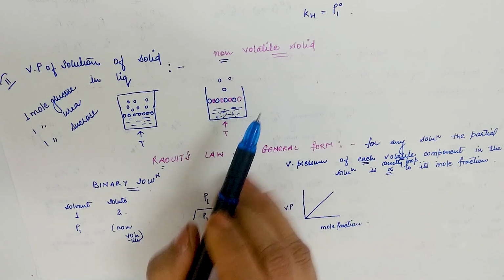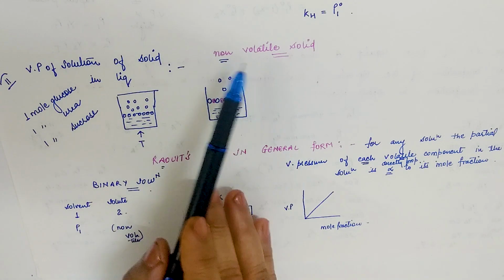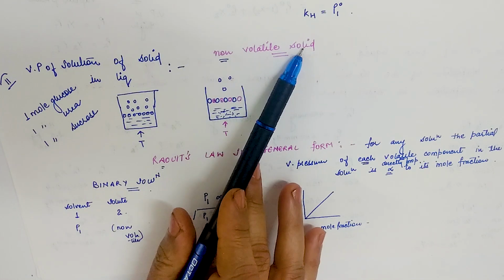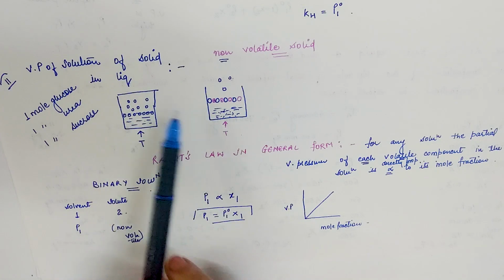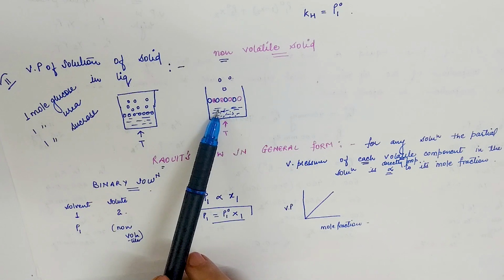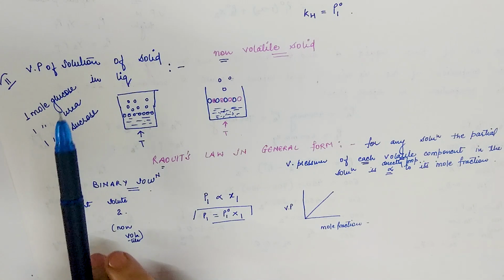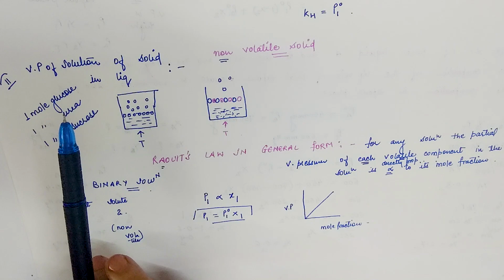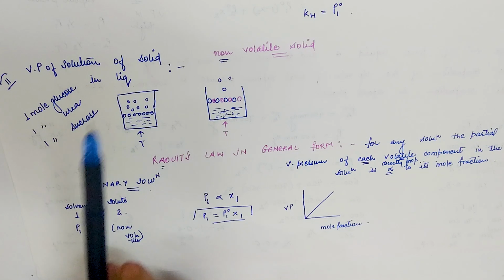Hope this second form of Raoult's law is also clear to you. When a non-volatile solute is dissolved in any liquid, what will happen? This lowers the vapor pressure and it is known as relative lowering of vapor pressure. It is not depending on the nature but only depending on the number of the particles.